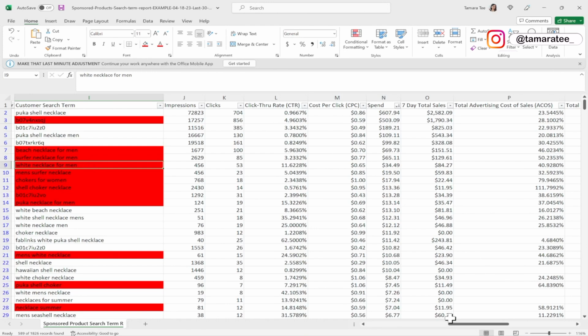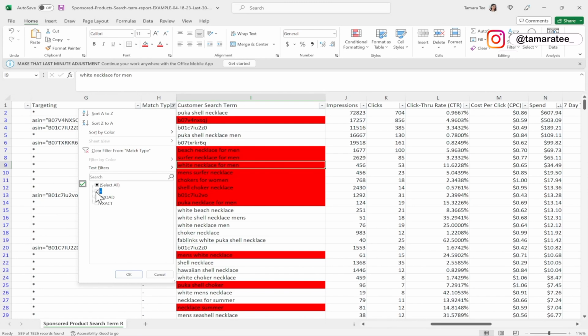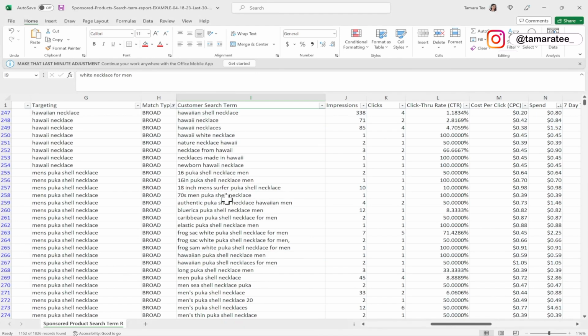Next, we will move on to broad and exact. I know this is a long video, so I won't spend too much time on it, but optimizing your broad and exact match campaign is very similar. You want to look at broad, and then look at exact separately, just like we did right here. So I'm going to select broad. It is very similar to optimizing your automatic PPC campaign.